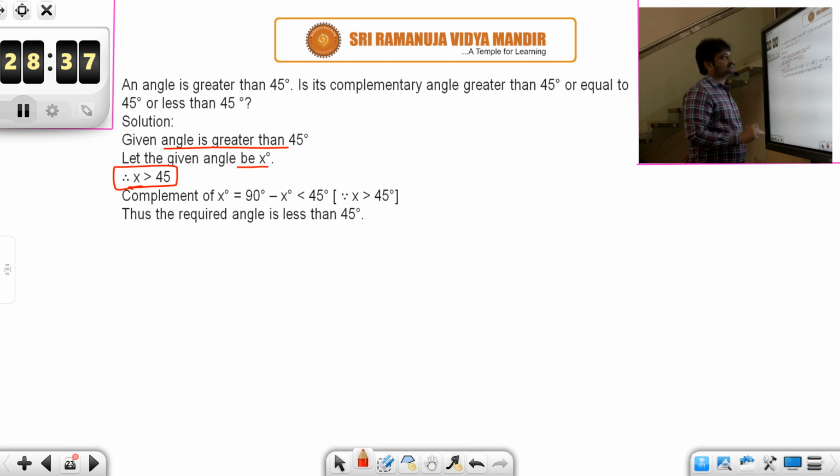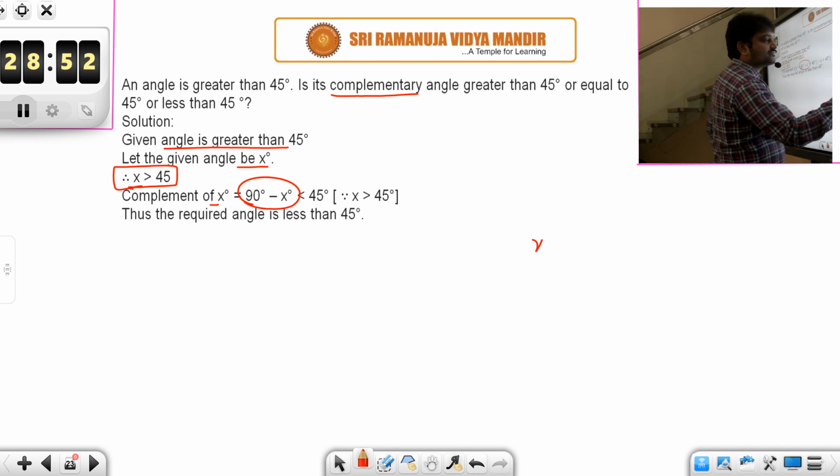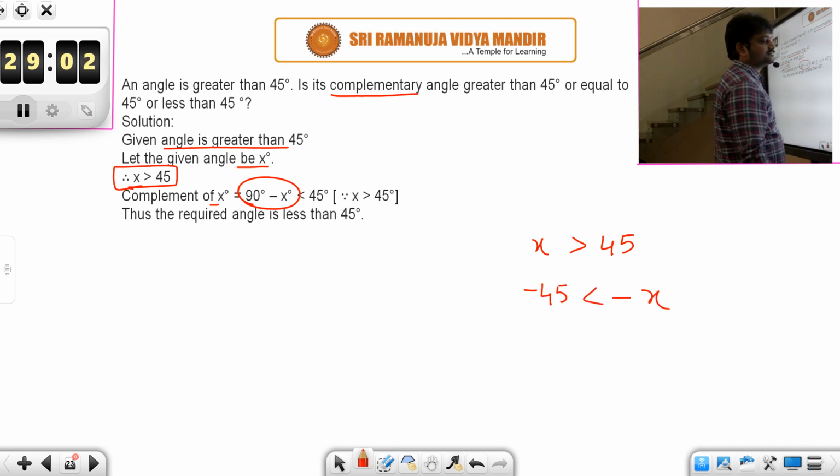This is given in the question. Now, they are asking about its complementary angle. The complement of x will be 90 minus x. Now, clearly if x is greater than 45, just bring this minus, can you say minus 45 is less than minus x?